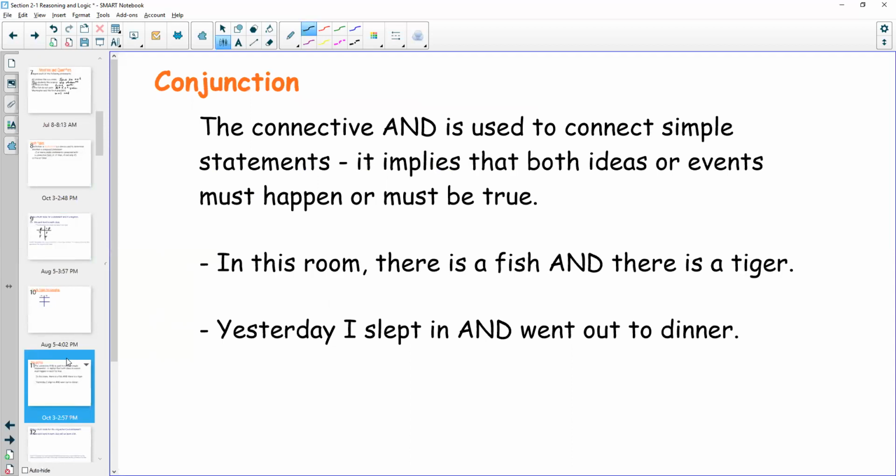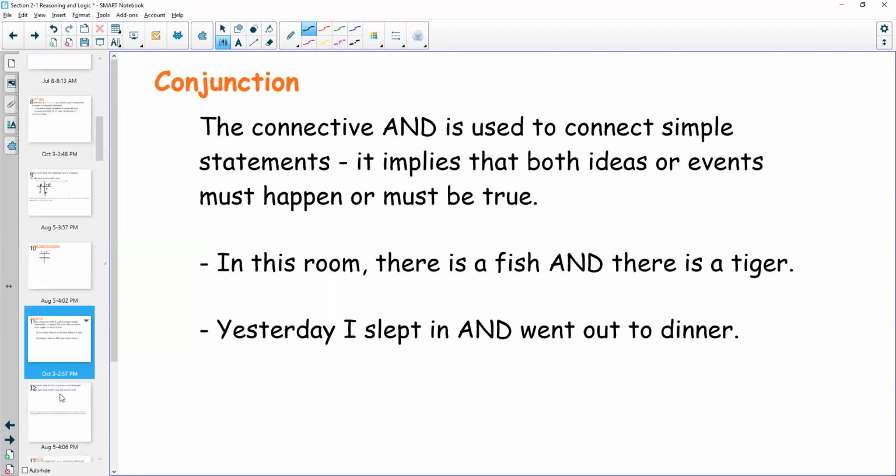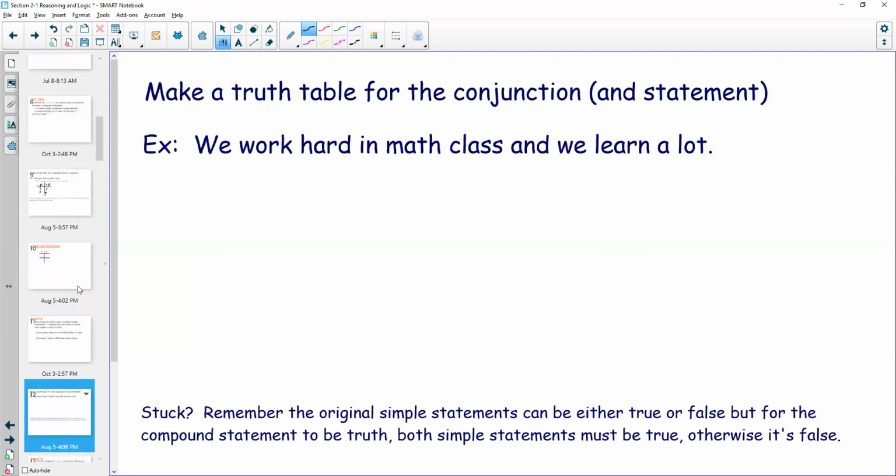If I say yesterday I slept in and I went out to dinner, two things that never happen in my life together, I have small kids, then both of those things have to be true for the statement to be true. The symbol that we use for a conjunction is ∧, which looks like an upside down V. That's the symbol we're going to use to represent an "and."